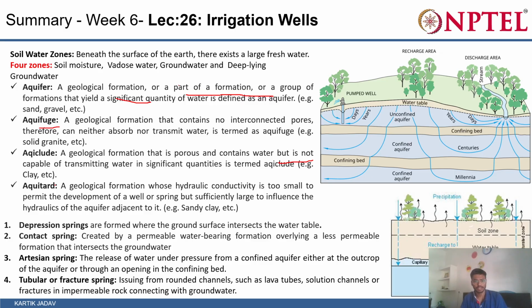Then we have the aquitard. An aquitard is a formation whose hydraulic conductivity is too small to permit the development of wells and springs, but sufficiently large to influence the hydraulics of the adjacent aquifer. Its example is sandy clay.